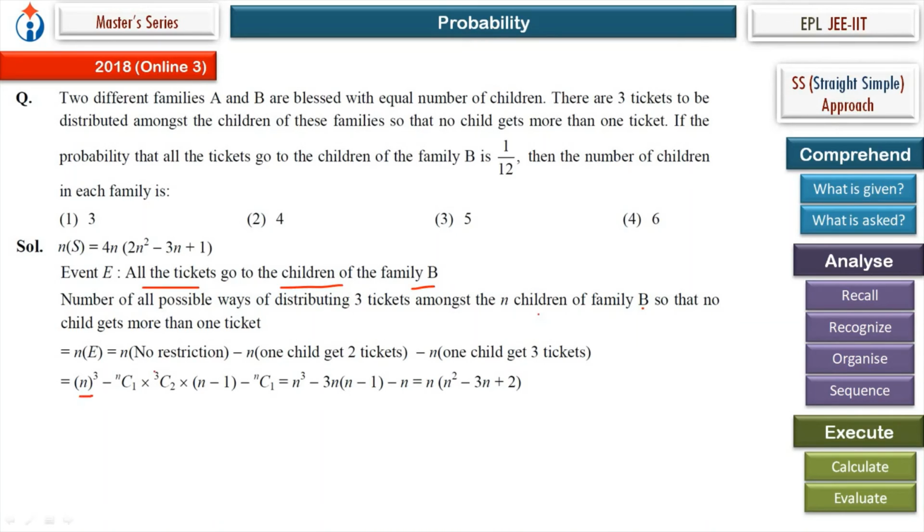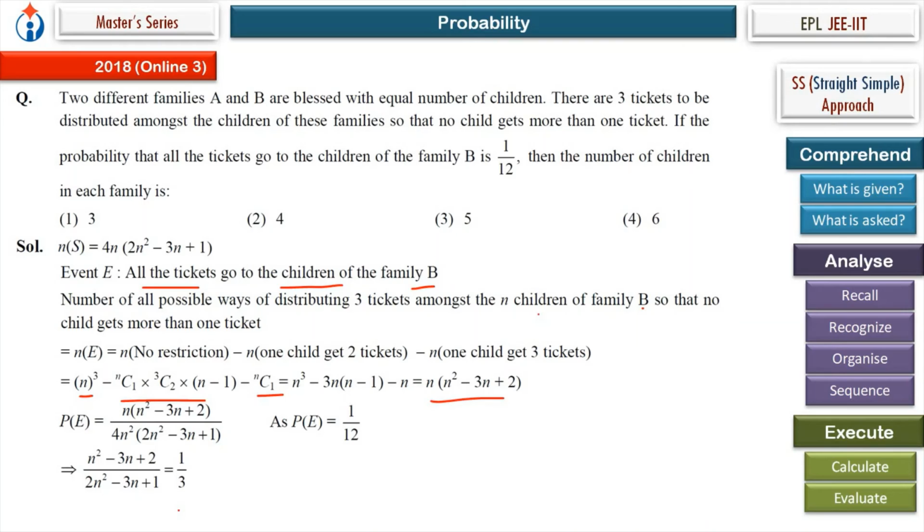So n to the power 3, no restriction. 1 child gets 2 tickets. 1 child gets 3 tickets. Simplify this calculation, simple calculation. We got the value of n of e. Now what is given? N of this event e divided by n of s, the probability is given as 1 by 12.